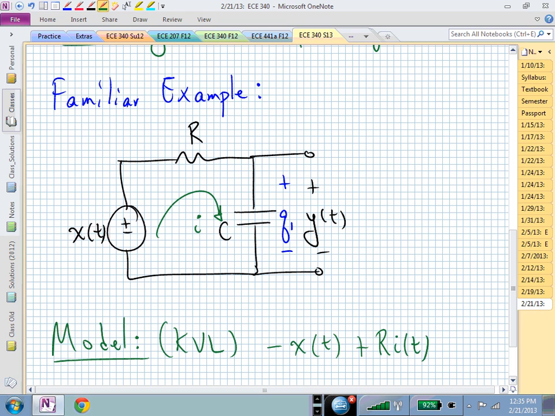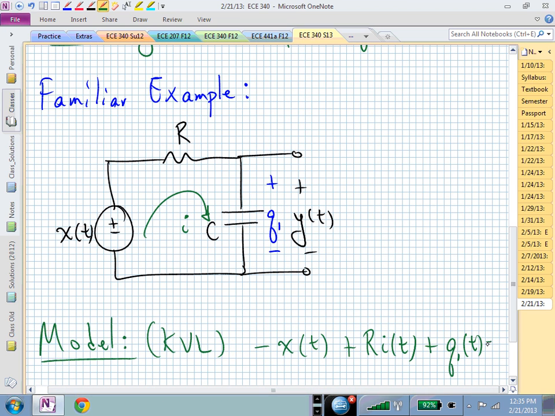That's the voltage dropped across the resistor, and then we have the voltage dropped across the capacitor, which is simply what we defined one of our state variables, or the state variable, to be, which was q sub 1. This is a true equation that governs the relationships between the inputs and the state variables, but unfortunately it has a new variable in there that we really need to get rid of.